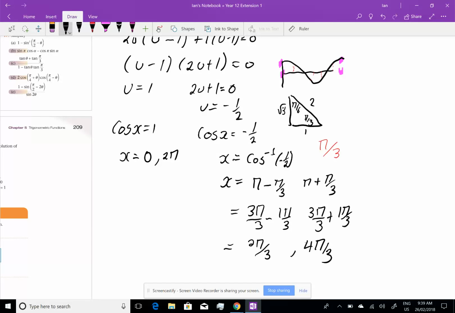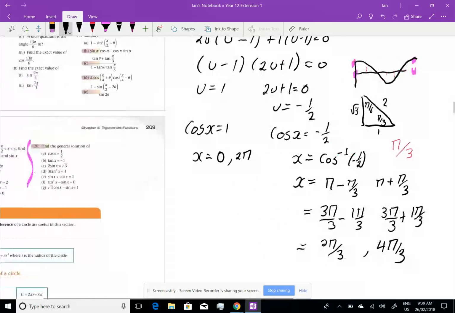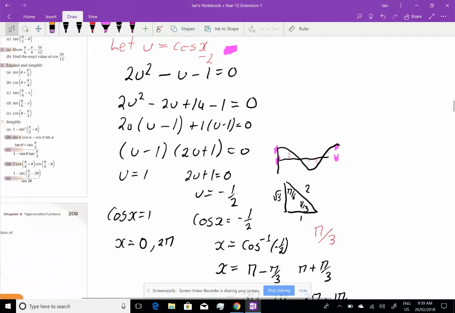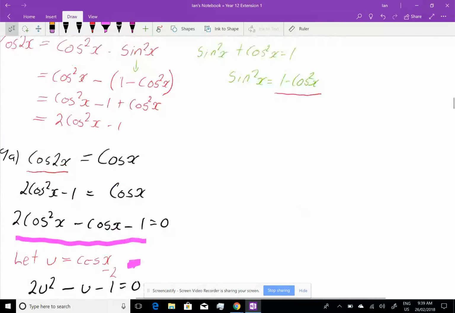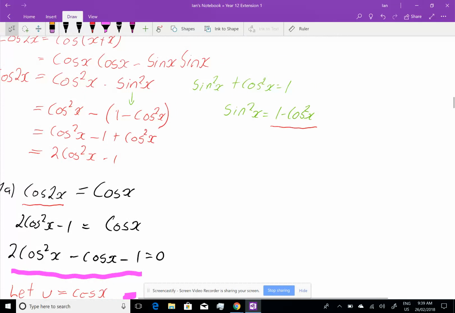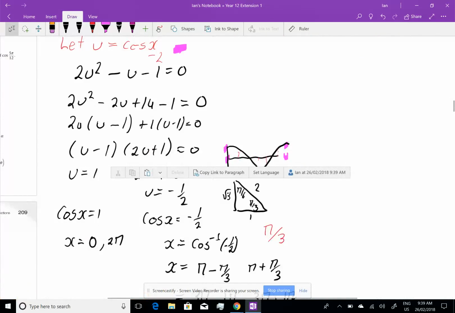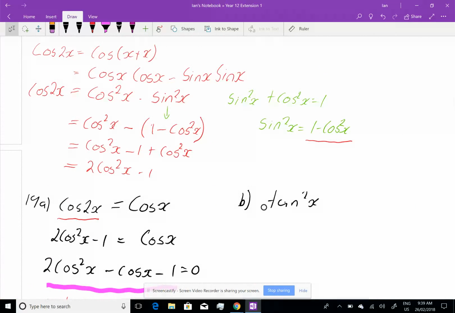Well, we did that one. That one was pretty easy. Have a look at the next one, which I also did. It's actually quite easy, but we'll do it over here. So here's 19b: tan squared x minus 1 equals 0.